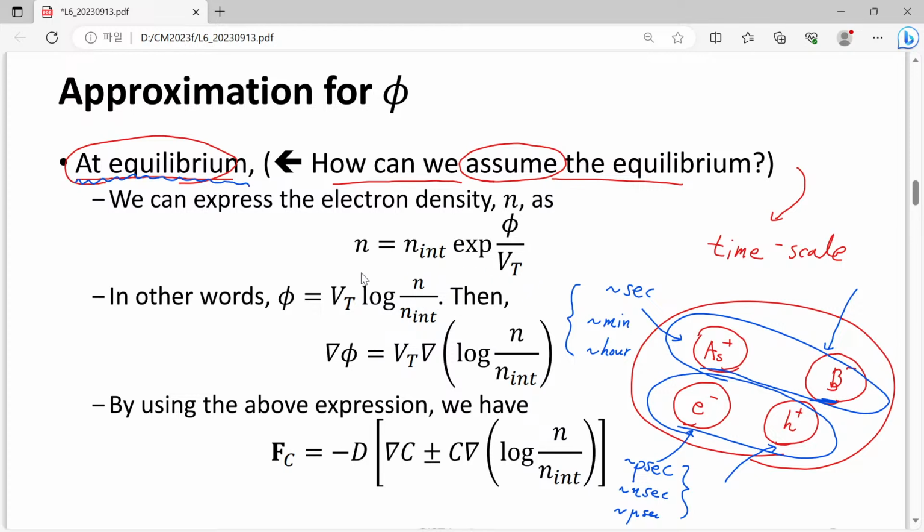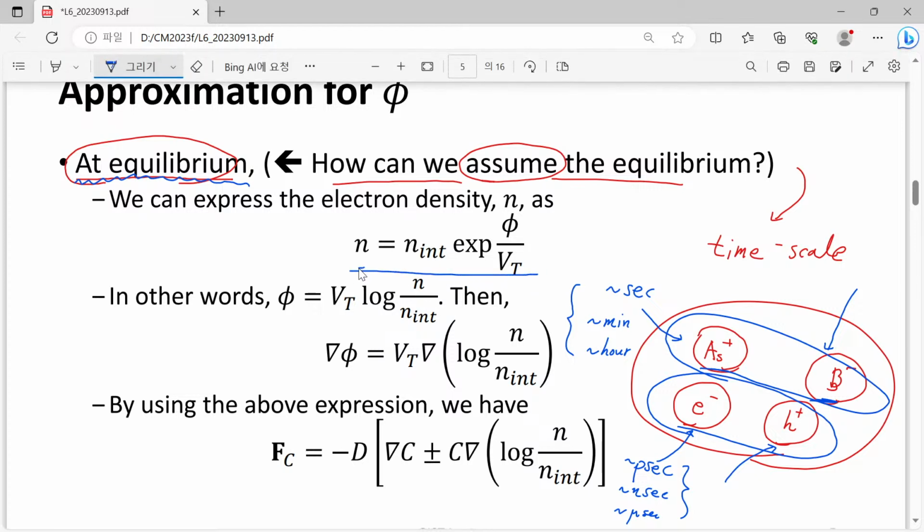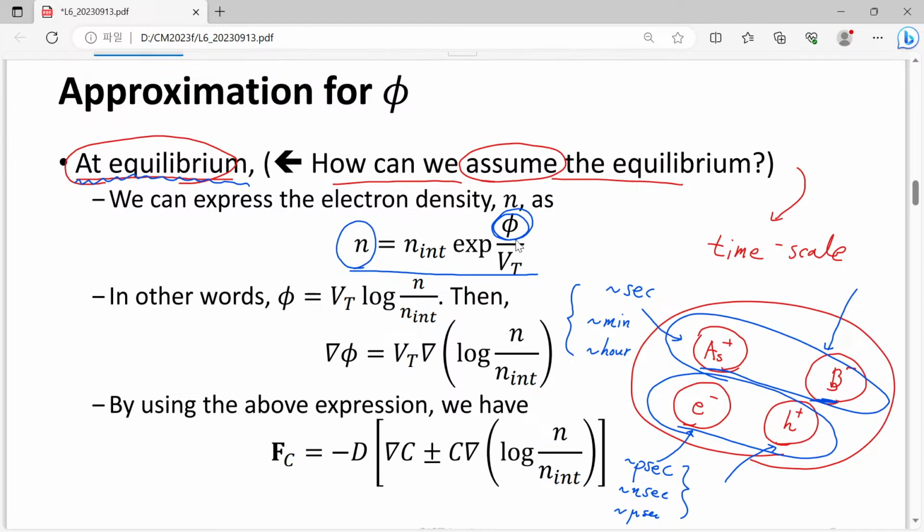Only in this case we can write electron density as a function of our electrostatic potential. Are you with me?